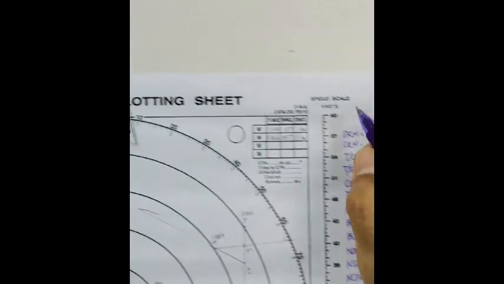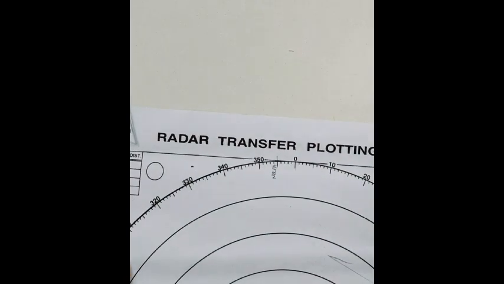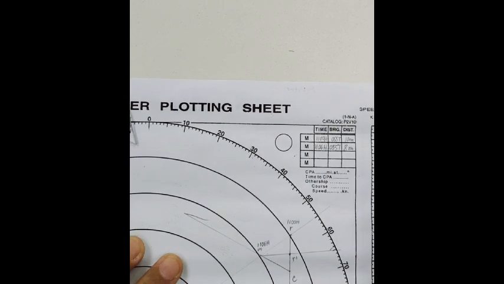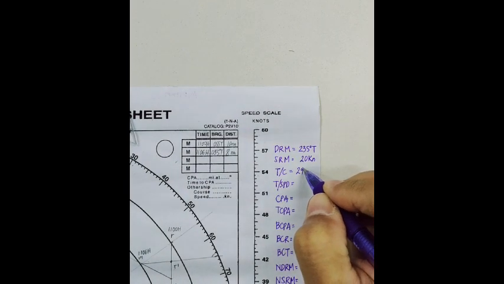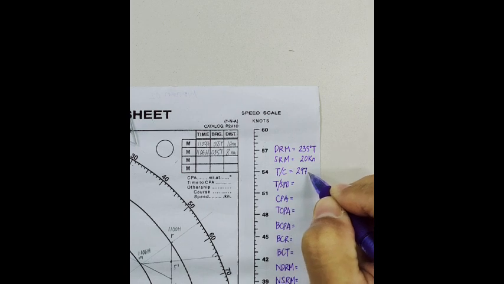That is 2 nautical miles divided by the time, which is 6 minutes. 6 divided by 60, that is equal to 0.1 hour. So 2 nautical miles divided by 0.1 hour is equal to 20 knots. So that is your SRM.